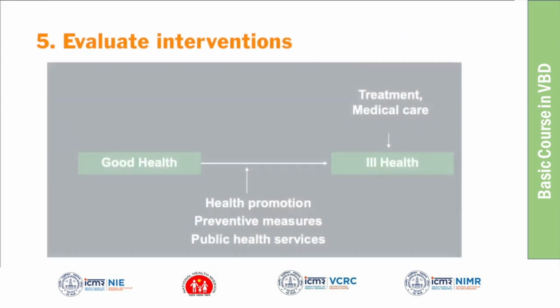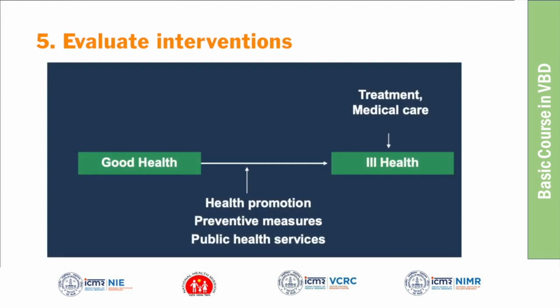The fifth important use of epidemiology is to make sure we know whether what we have done is correct, or whether it requires tweaking. We also would like to know whether the intervention that we have applied is yielding the desired effects or not.